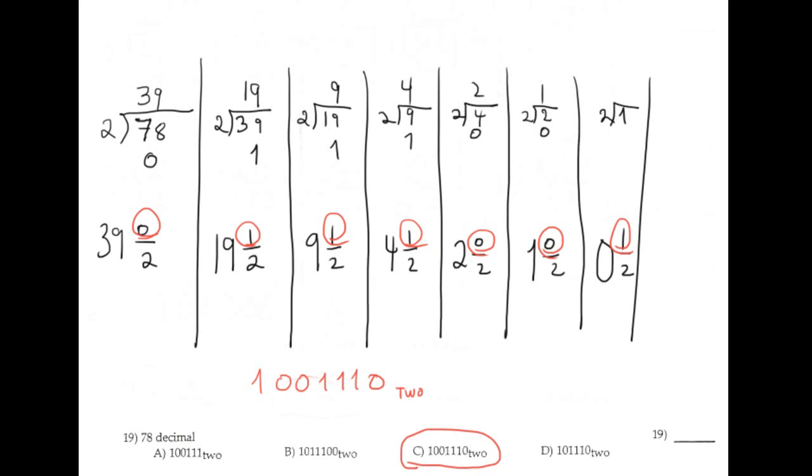Okay, let's do the checking part. This is 2 to the 0, 2 to the 1, 2 to the 2, 2 to the third, 2 to the 4, 2 to the 5th, 2 to the 6. 2 to the 6 is 64, 2 to the third power is 8, 2 to the 4 is 4, and 2 to the second is 2.